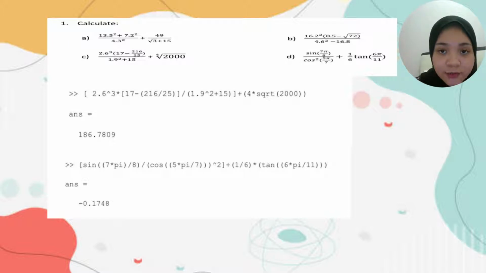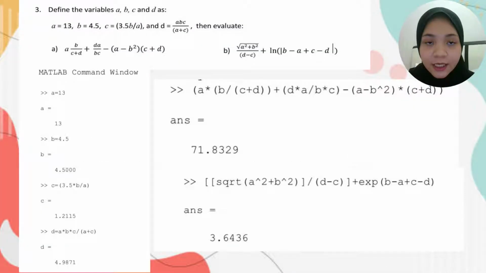So type the sin in the script, and then the next question that I choose is question number 3 in chapter 1, which is: define the variables a, b, c, and d as a is 13, b is 4.5, c is 3.5, b over a, and d is abc over a plus c.